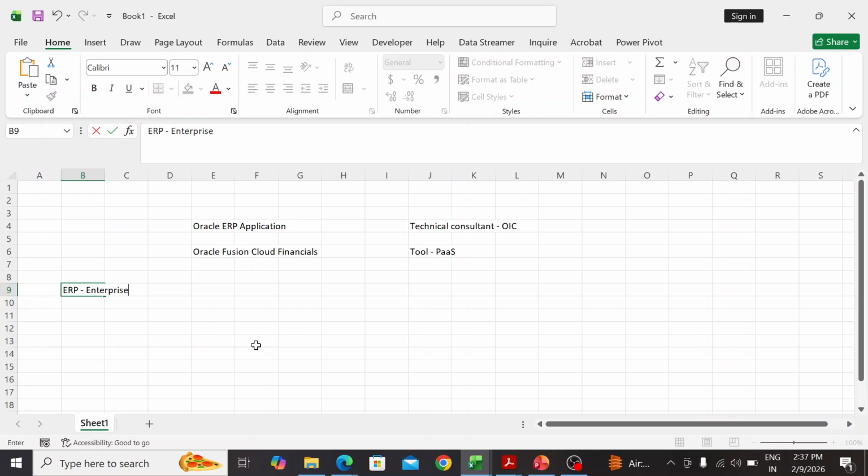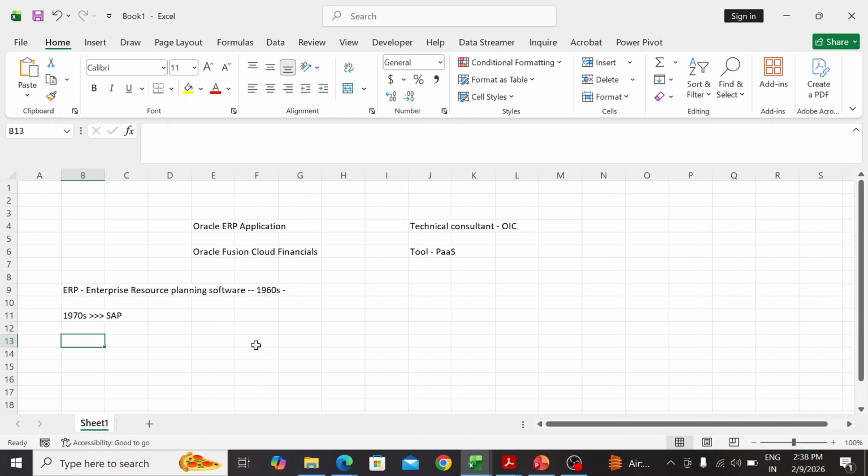ERP is enterprise resource planning software. The first ERP was invented in the late 1960s and formally started in the 1970s. SAP is the first ERP application.